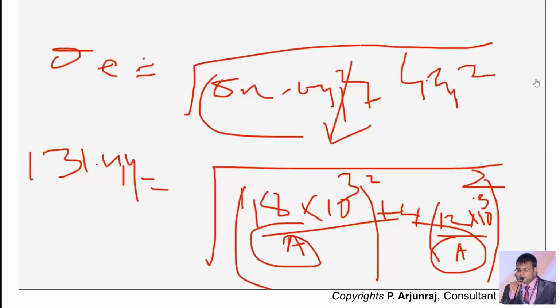Let me go for a scientific calculator. Just give me a second. Meanwhile, you can also calculate from your side, because if you go for a scientific calculator directly, we can enter 18 into 10 power 3 the whole square at a time instead of doing it individually.